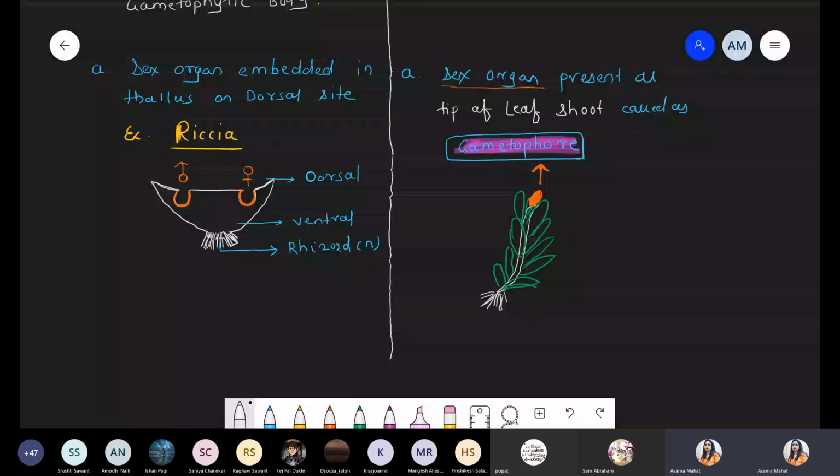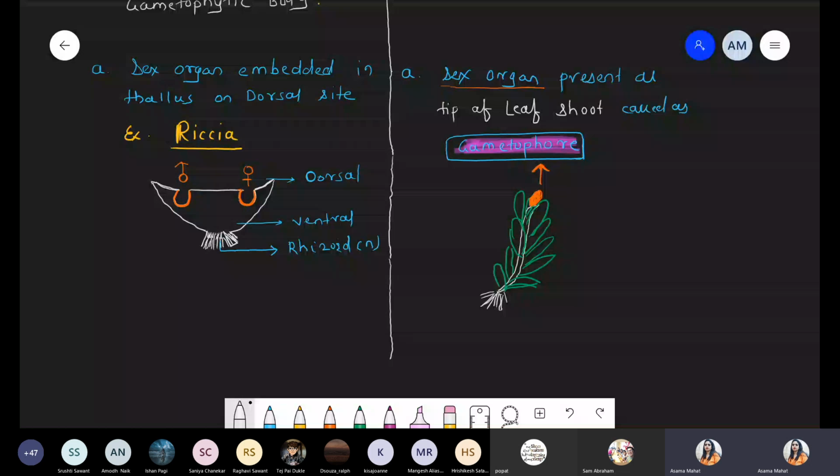Okay. So we are talking about one very important and common point for both the liverworts as well as the mosses. All Bryophyta, including liverworts, hornworts, as well as mosses, are in the monoecious condition. What is the meaning of monoecious? On a single plant, both sex organs are present, male as well as female. But there is an exception with respect to Marchantia.